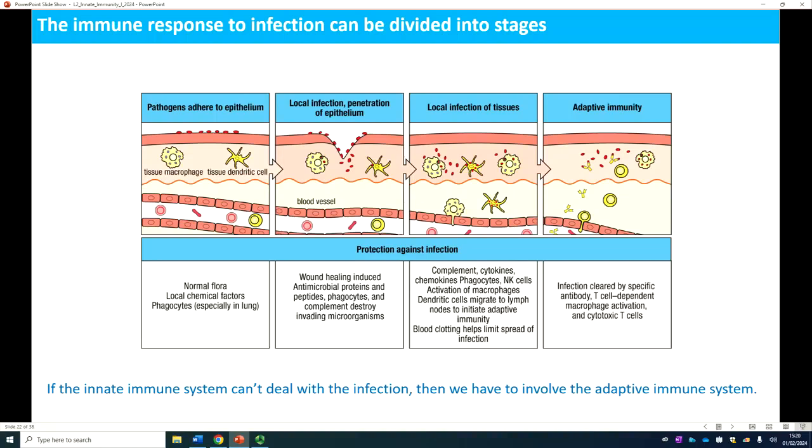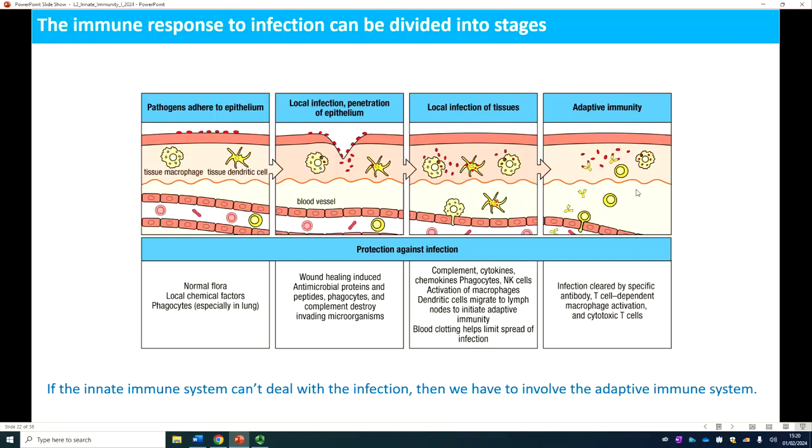But if the innate immune system can't control the infection, we'll start to get this localized infection of the tissues. And what happens then is we'll have our dendritic cell here that will be picking up parts of the pathogen, and it will start to migrate towards the lymph nodes. And once it migrates to the lymph nodes, it will encounter T cells, and it will instruct the adaptive immune response.